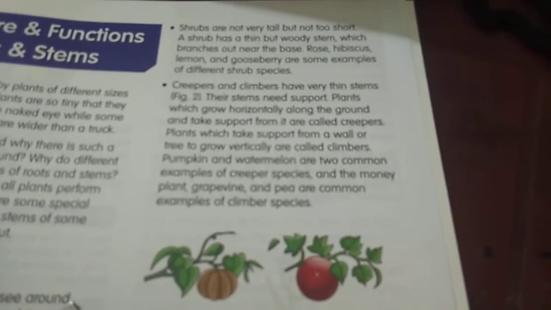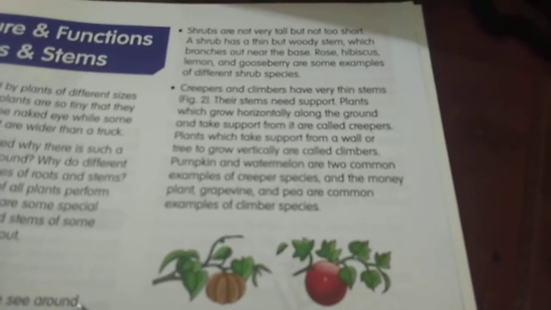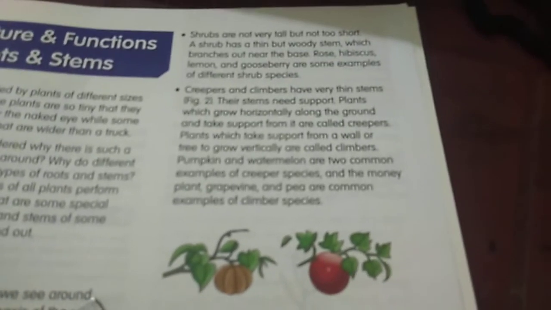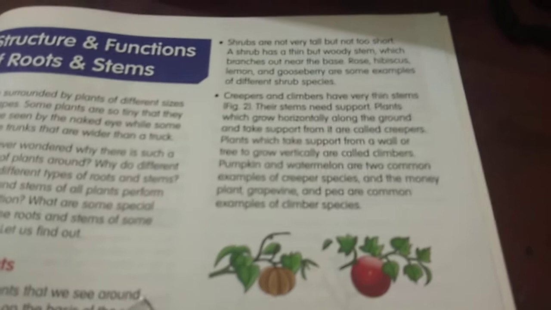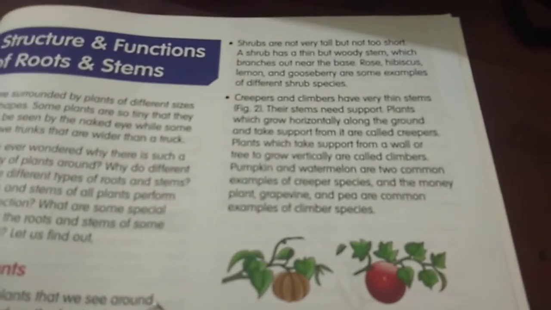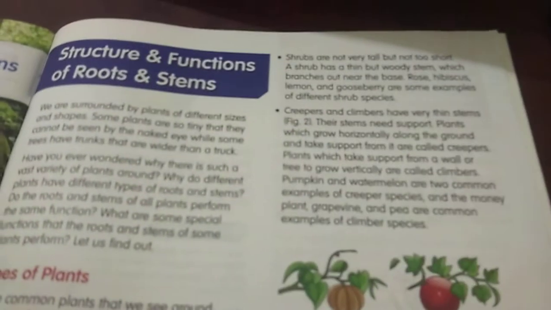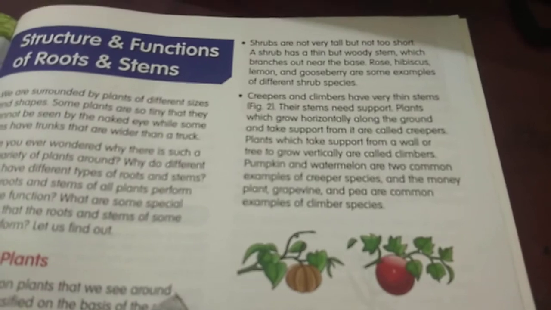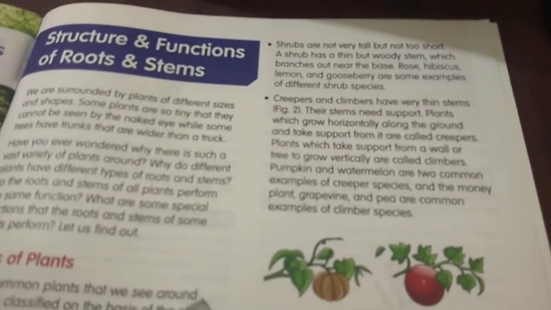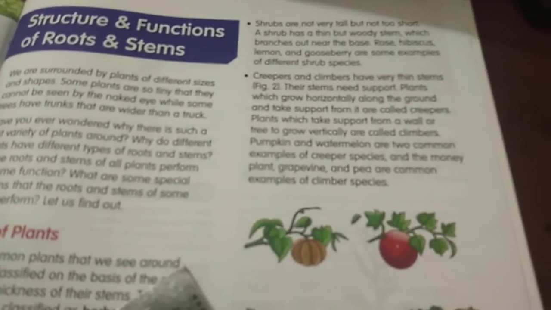Some plants, though they need support, they cannot climb up, floor level only they can grow. They are called creepers. Creep means like a small child moving, creeping. And some soft plants, they can climb like how you are climbing on the staircase and all, right? Just like that, they can climb on some other tree or some other wood kind of thing. So such plants are called climbers.